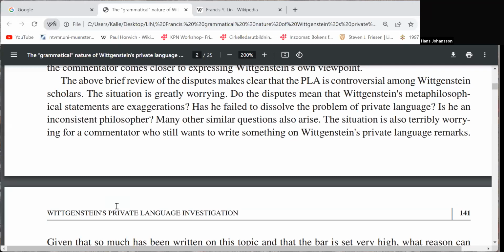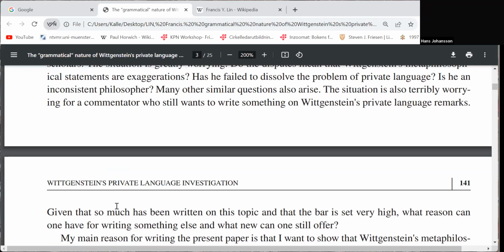Has he failed to dissolve the problem of private language? Is he an inconsistent philosopher? Many other similar questions also arise.